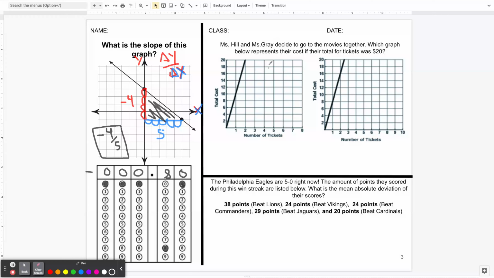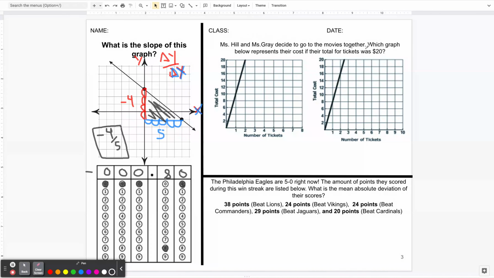The other problem we had an issue with was with unit rate. Over here, it says Miss Hill and Miss Gray decided to go to the movies together. Which graph below represents their cost if their total for tickets was $20? If their total for tickets was $20, how much did they each pay per ticket? Because in total they pay $20.